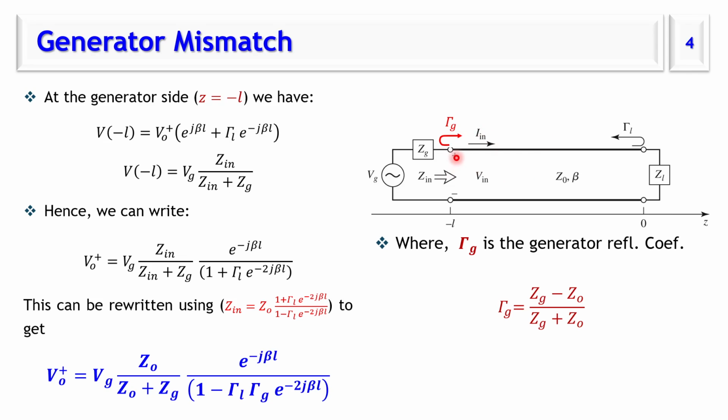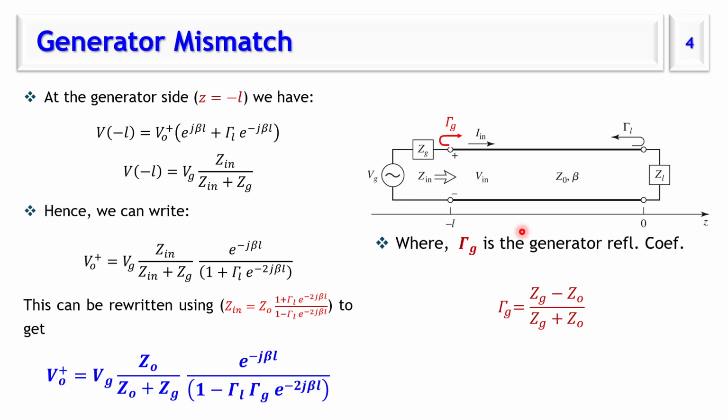So it's V0 plus divided by V minus L negative. Some wave is incident in this direction, part of it will be reflected, which is gamma G.